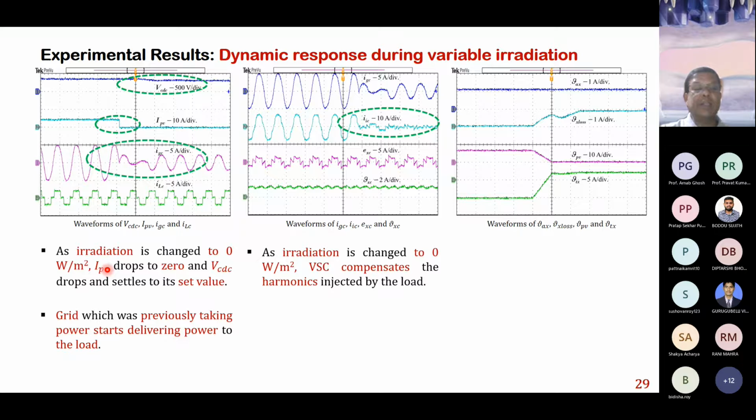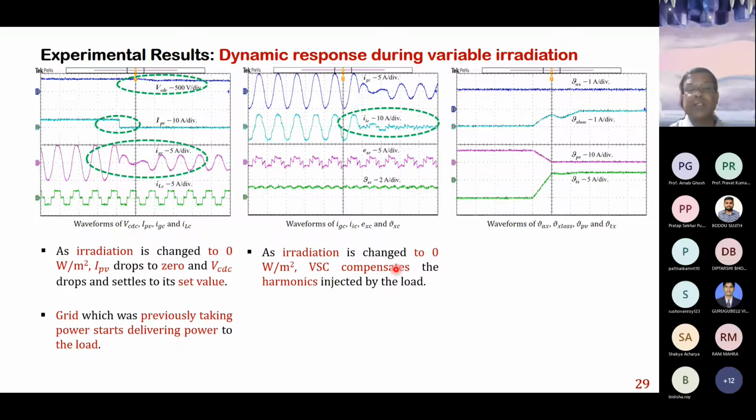So the irradiance is changed to zero here. Therefore the VDC drops down and settles to the set value, and the grid, which was previously taking power, now starts delivering power to the load, because the irradiance has gone down.